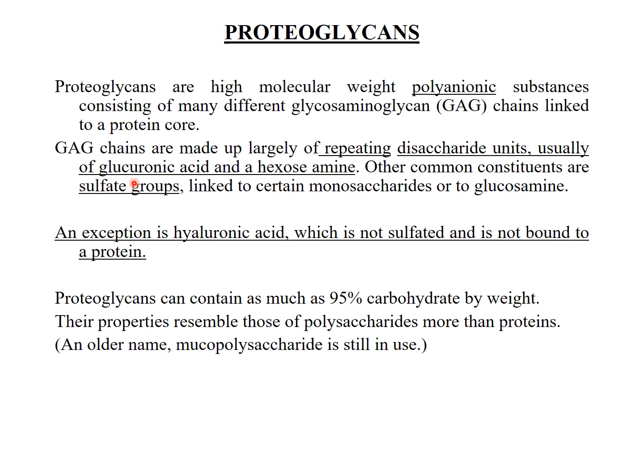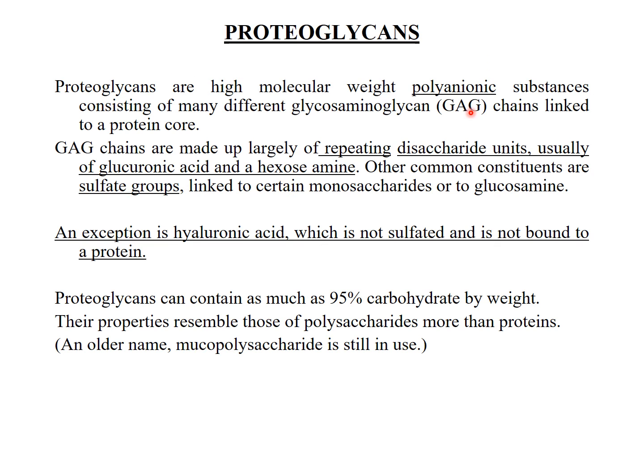Sulfation is very frequent. So the GAGs are polyanionic, very negatively charged. When they bind to the core protein and form proteoglycans, proteoglycans are known for their negative charges. The uronic acid has a carboxyl group, and sulfate groups give extra negative charges.